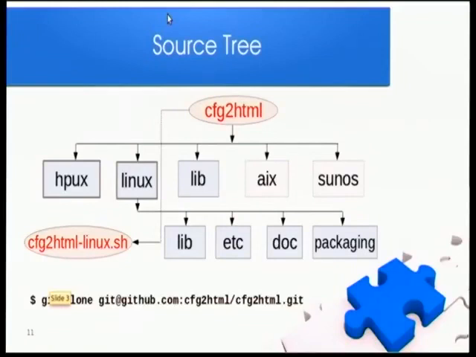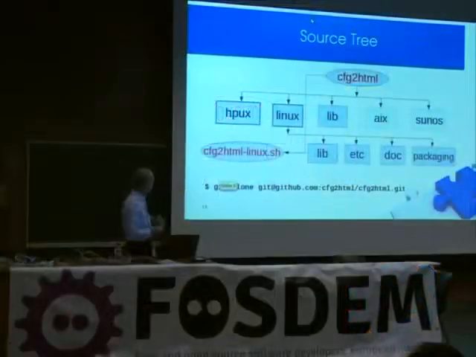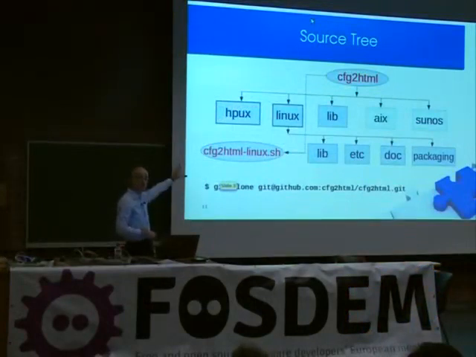So we do the packaging; RPM and DEB packaging is possible. And the main script config2html calls the Linux script, in this case config2html-linux.sh. That is the starting point for everything from a Linux point of view, of course. And that's true for all the other operating systems. Beneath it, you can't see it very well, but it's git clone, and that is how to clone the sources. And then you get this view.